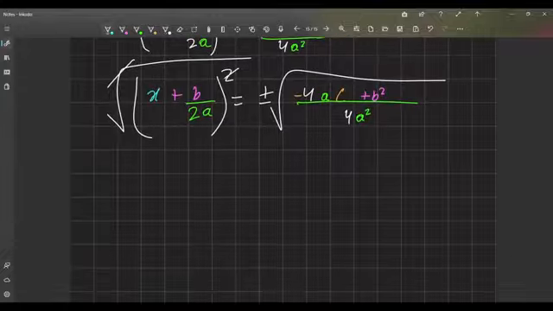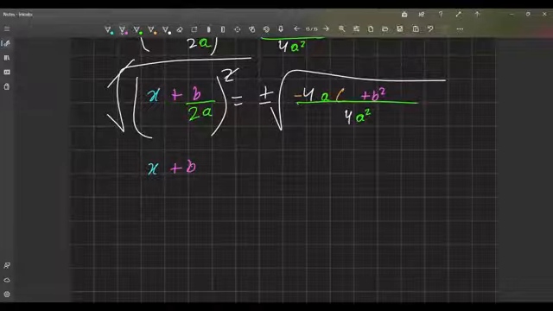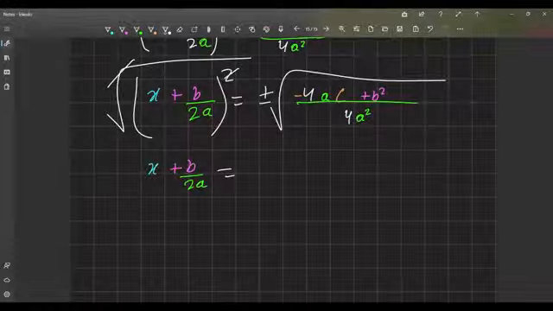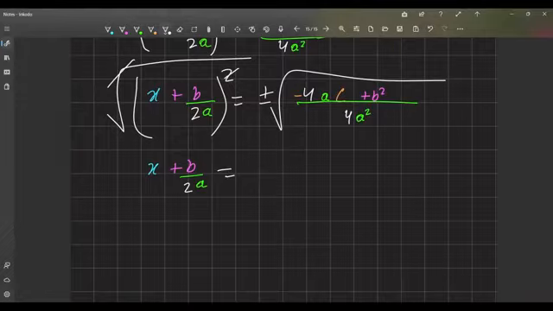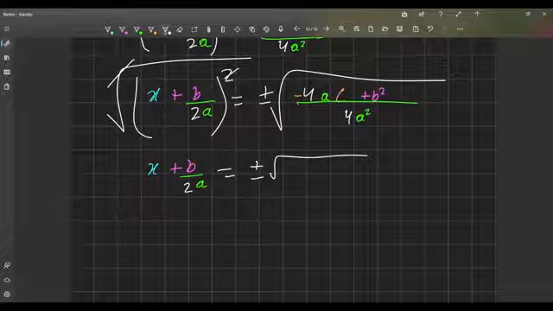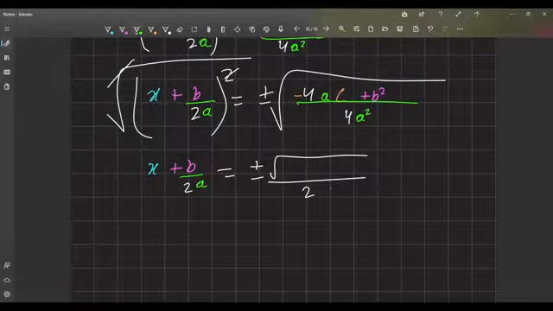In the next step, I'll see that x plus b over 2a is equal to plus minus under root. I'll take the under root of the denominator. The reason being so that I will get 2a below.